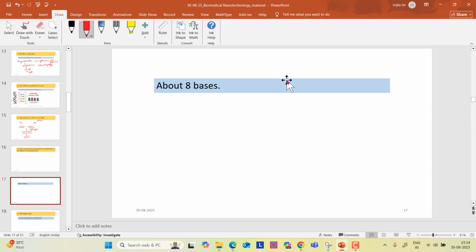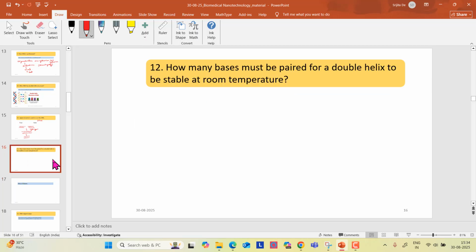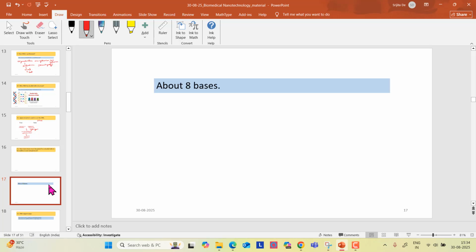So the answer is about 8 bases. Okay, about 8 bases are required to form a stable DNA double helix at room temperature. Okay.